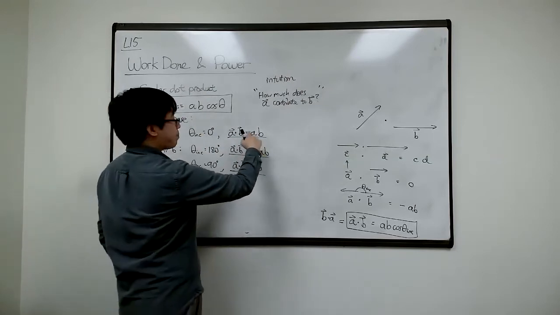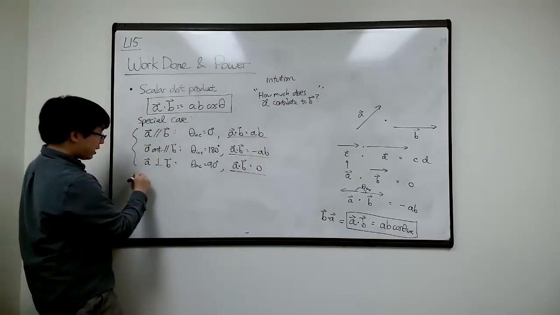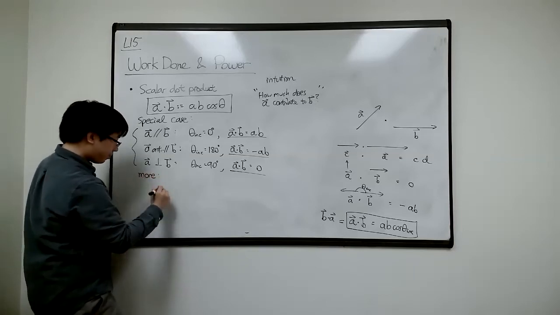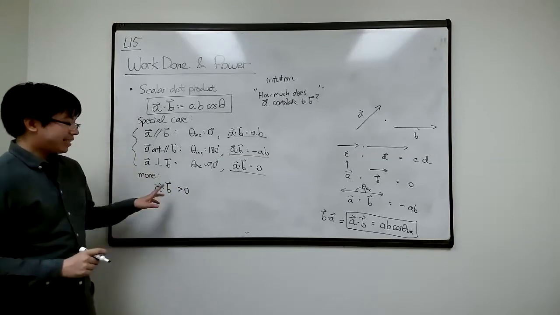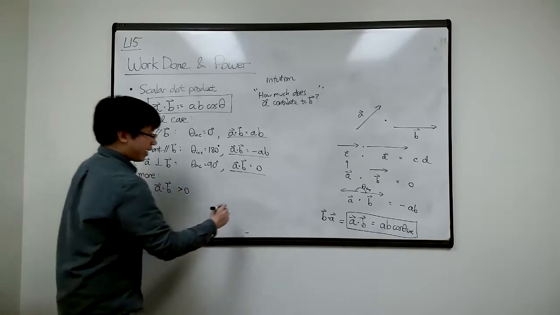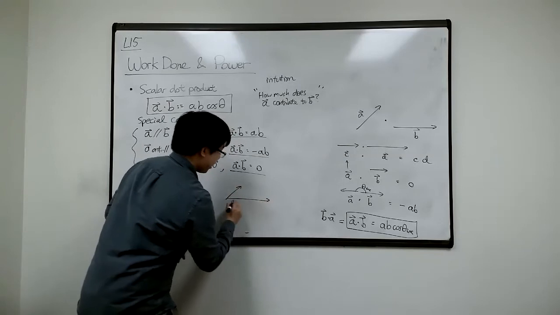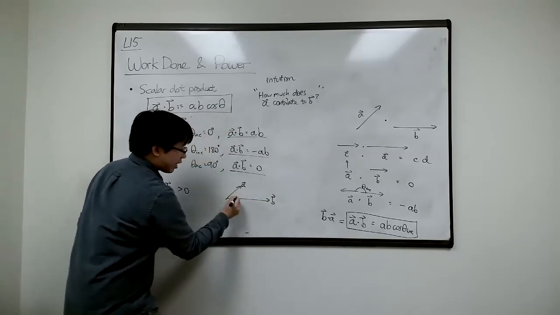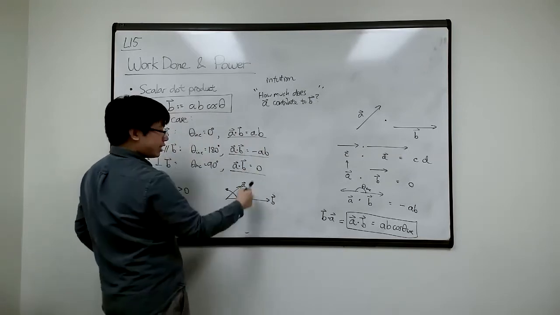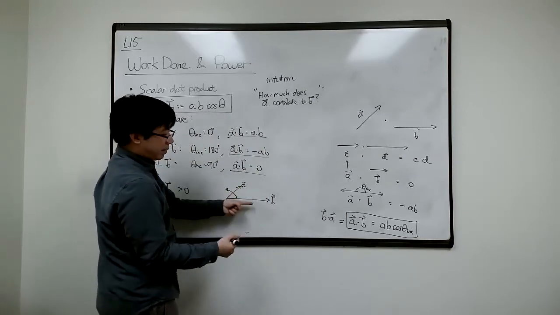And I'll let you know as well, if you want a little bit more, if A dot B is positive, it kind of means that A is contributing to B. Okay, so in these cases, if the angle of A is all the way up to 90 degrees, A dot B is always positive.